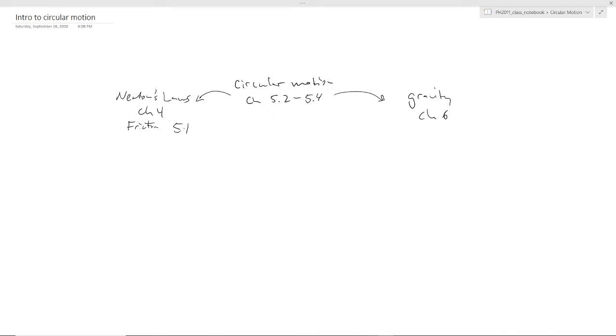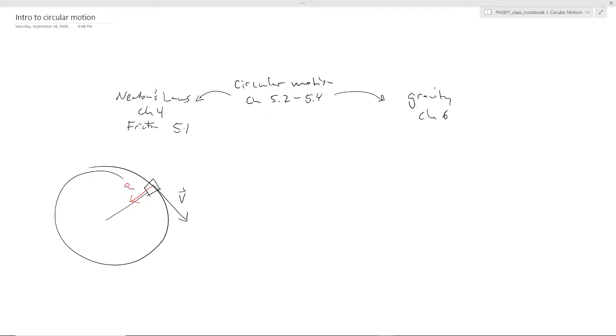So the basic relationship that I want us to consider with circular motion is, if you have an object, I'll try and draw the best circle that I can here. If you have an object that's rotating in a circle, so you have some object here, that object will have a velocity that is tangent to the circle, and it will experience an acceleration that is directed towards the center of the circle.